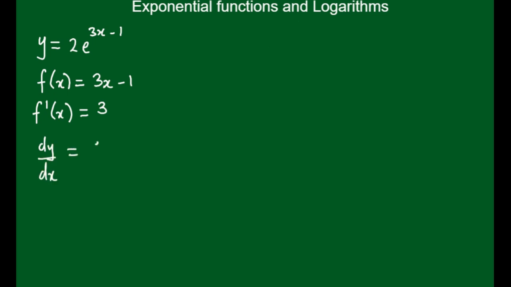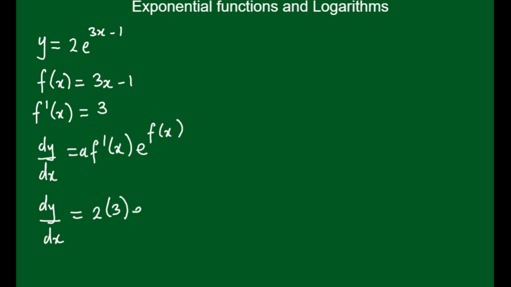So our dy/dx is f prime of x, but in this case we have a constant 2. We're just going to refer to that as a, then e to the power of f of x. So finally we have dy/dx, which is equal to our a, which in this case is 2, times f prime of x, that's 3, e to the power of f of x, that's 3x minus 1.